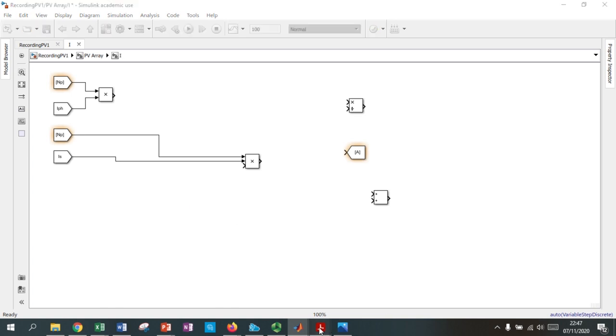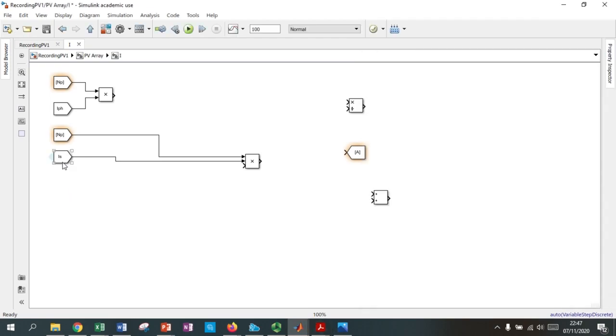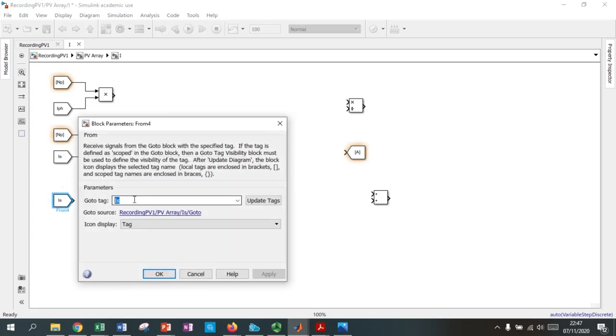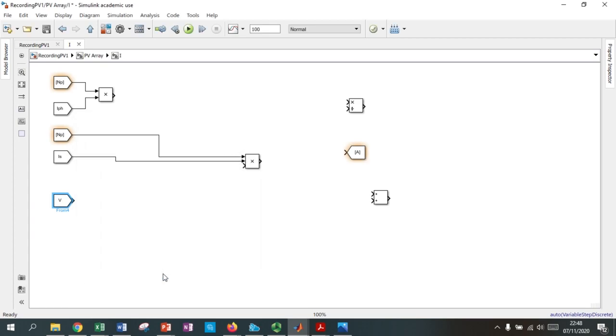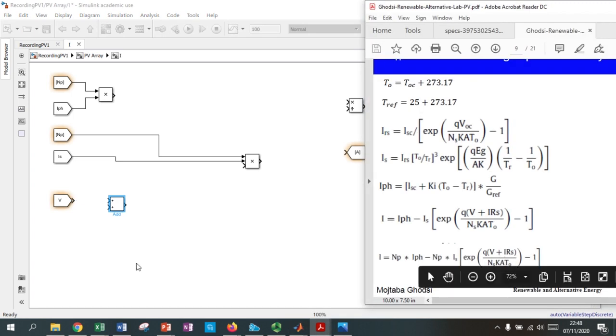The next items are Q, IS and NS, Q. Okay. Then we need to have one input as a V. Then this is the V. It's available here. After the V, we should add it to IRS.